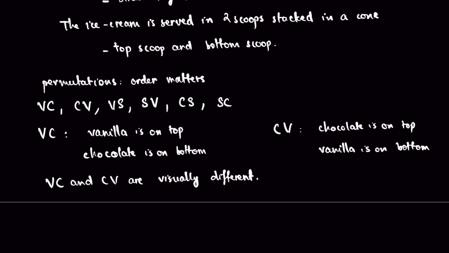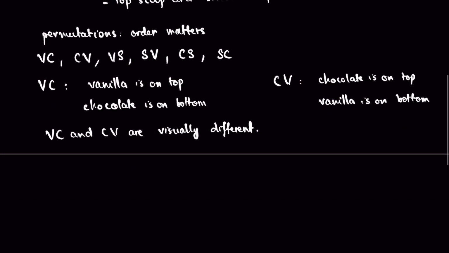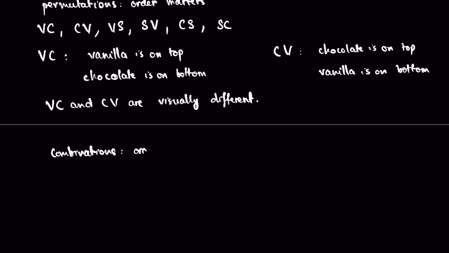However, when we consider combinations, the order does not matter. So here we only care about which 2 flavors are chosen for the 2 scoops on the ice cream, not which flavor is on the top scoop and which one is on the bottom scoop.